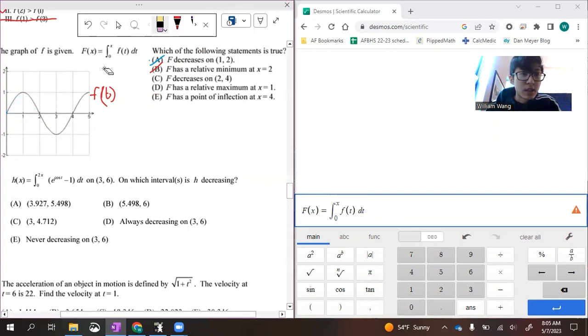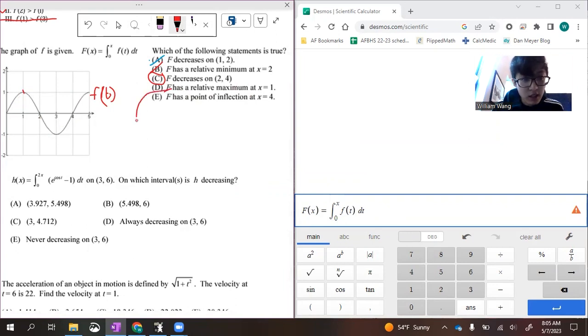Right, F decreases on 2 to 4. Okay, from 2 to 4, I'm accumulating all this negative area, which means my integral is getting smaller and smaller. I would say it is decreasing, so I could probably stop here. C is looking like the correct answer. I do decrease on 2 to 4, and we can verify the rest of them. Maximum at 1, not quite, right? I'm asking about the integral of f, right?